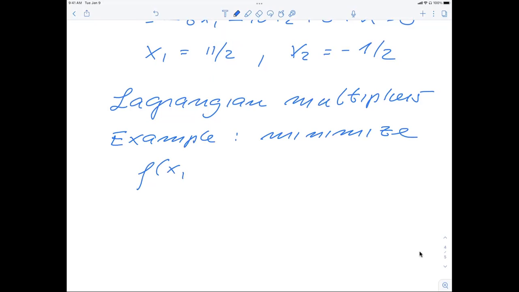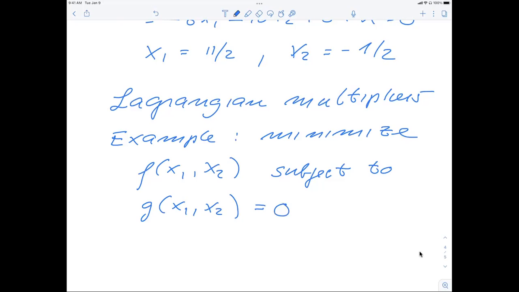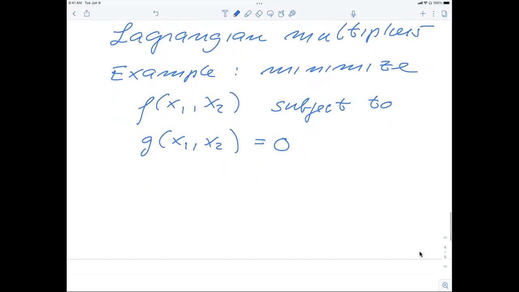over all the paths. So we want now to just minimize a general function, f of x1, x2, subject to a constraint. And this constraint is a constraint where we have this function g of x1 and x2 equal to 0. This constraint is then satisfied by a specific set of values.